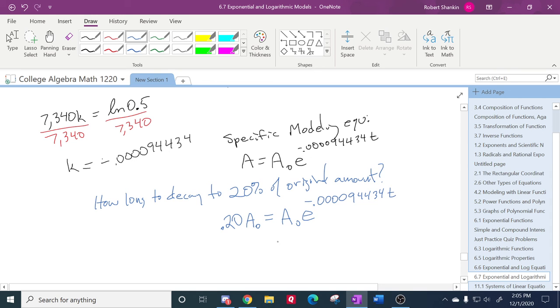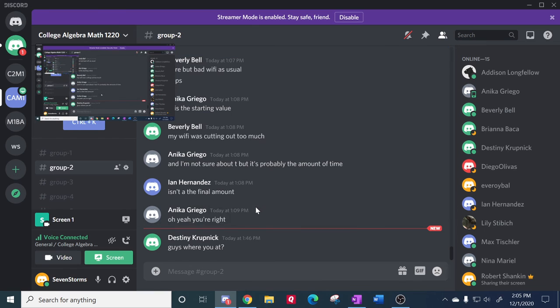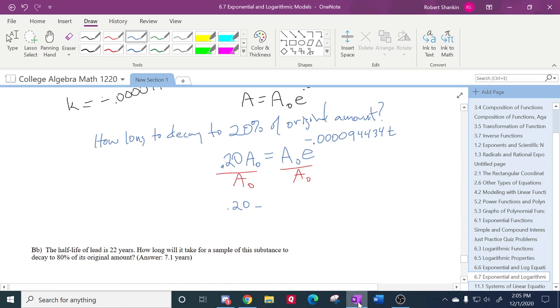We get this. And then I divide by A0, and we get 0.20 equals e to this.